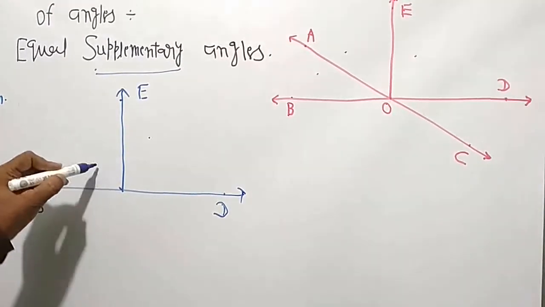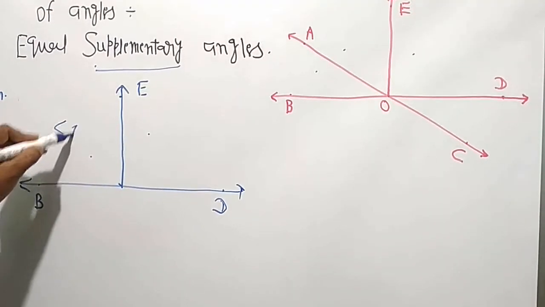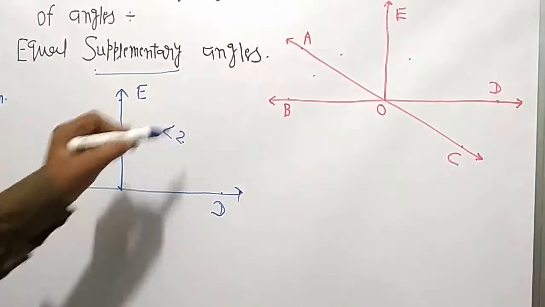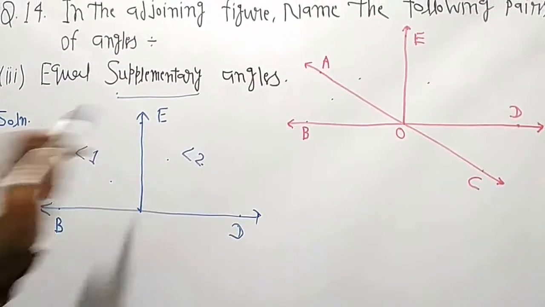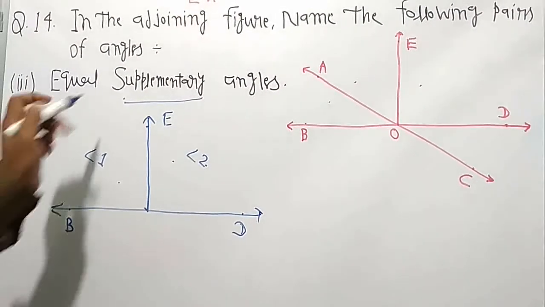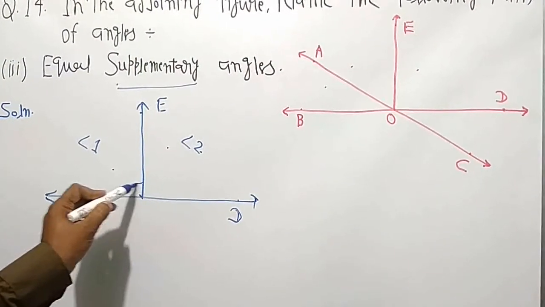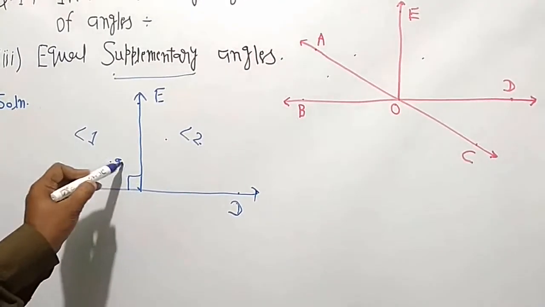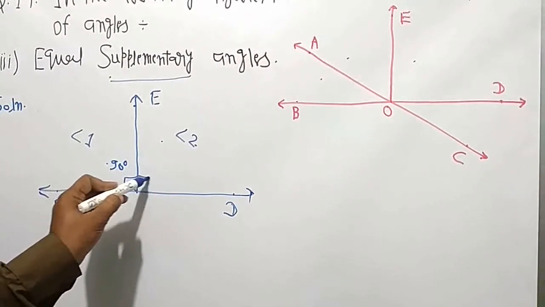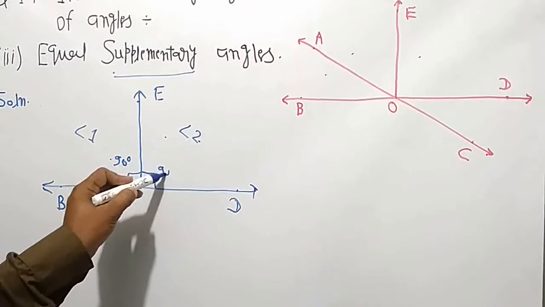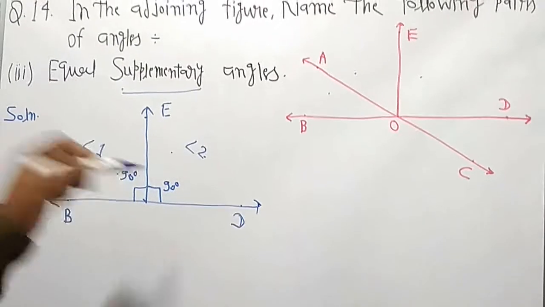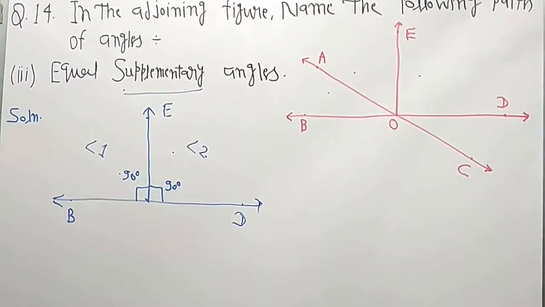Now this is our first angle, angle 1, and this is our angle 2. When we add the measurements of these two angles, we get the supplementary angles, or 180 degrees, because angle 1 gives us 90 degrees and this also gives us 90 degrees. So the sum of 90 and 90 gives 180 degrees.